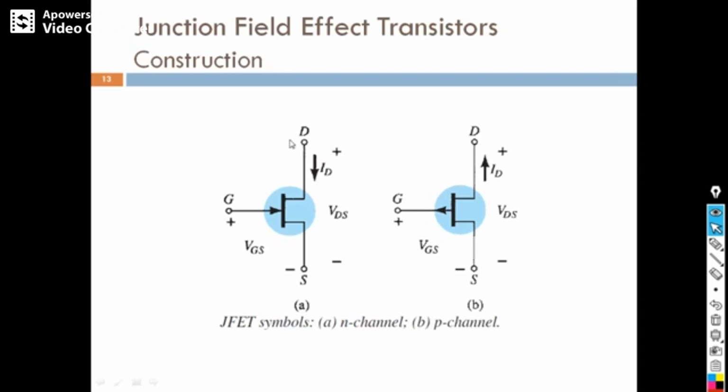This is the way we differentiate between N channel and P channel. ID is the drain current. The gate is positive here, this is the positive terminal, and this is the negative terminal. This is VDS, the potential between drain and source, and this is the potential between gate and source. This is the symbol for N channel and P channel devices.